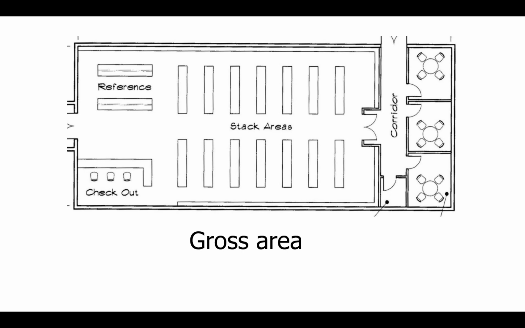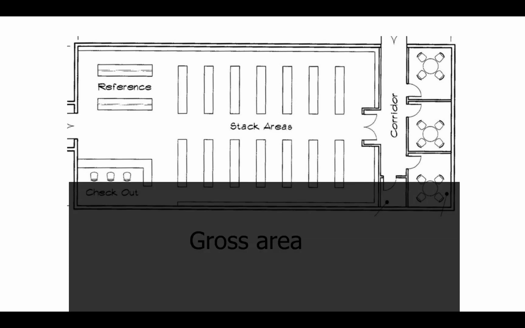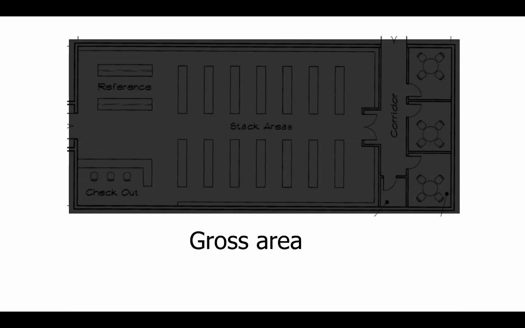So for gross area, it's easy. You take the entire project and you measure it to the outside of the walls. And you include all interior walls, all storage spaces, all circulation spaces, all toilets, everything. So for our project, you just look up that number, and whatever you get, that's the gross area.